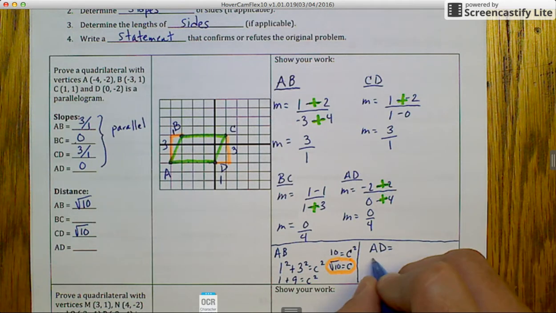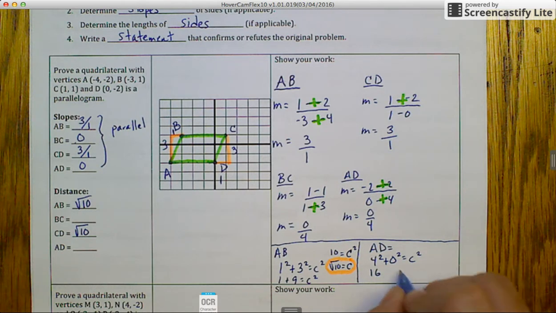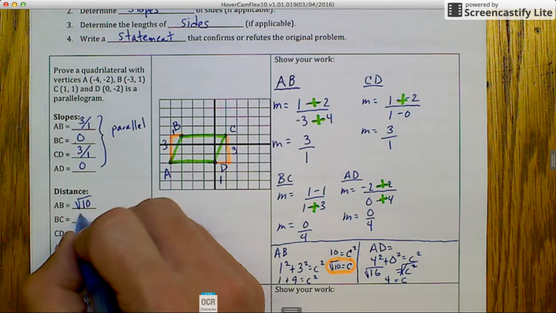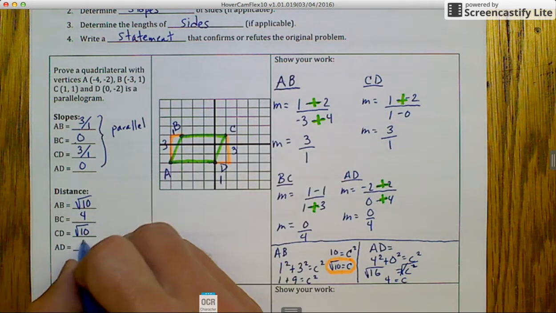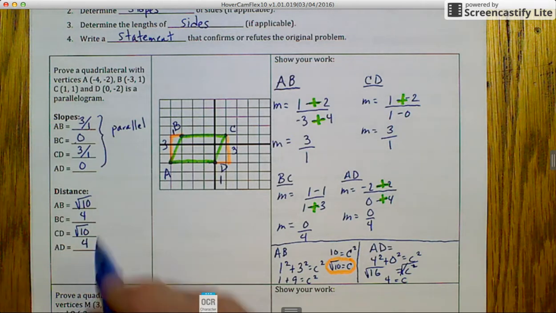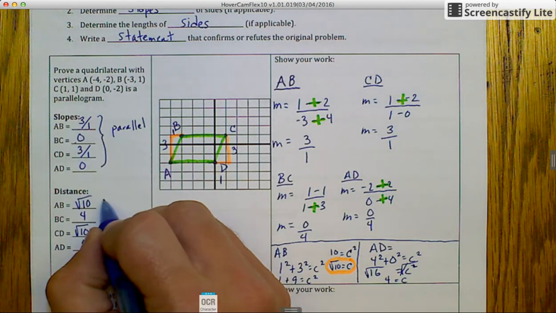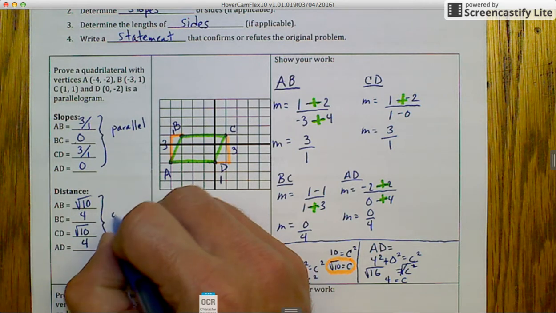So 4 squared plus 0 squared is equal to c squared. So 16 is equal to c squared. Square root both sides. You get c is equal to 4. Or you could have just counted those. Okay, that was AD. And BC is the same measurement. Okay, so we have opposite sides parallel, and we have opposite sides congruent.